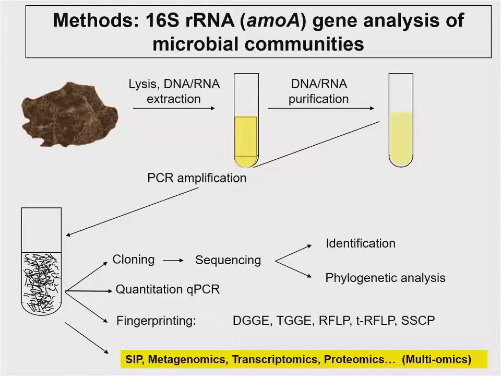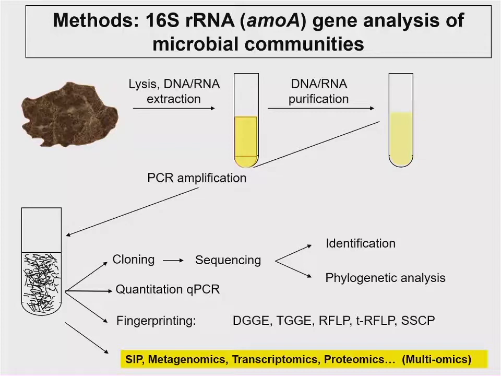After we get the DNA, because soil is such a complex matrix, some organic compounds can be co-extracted with the DNA, and we need to do some purification. And when we get what we call high quality DNA, we can do further analysis, including PCR. PCR is where we amplify the DNA.